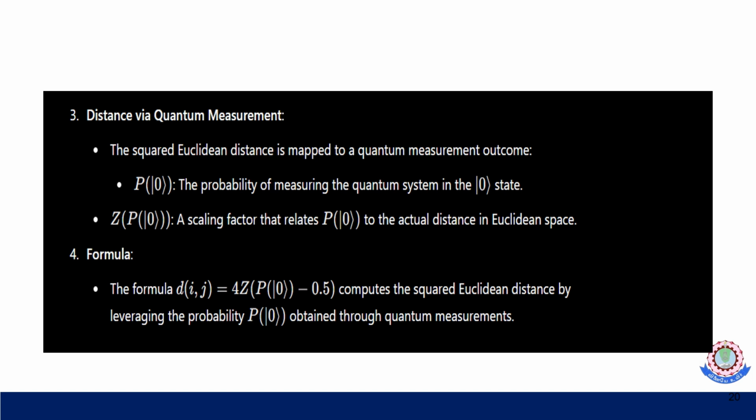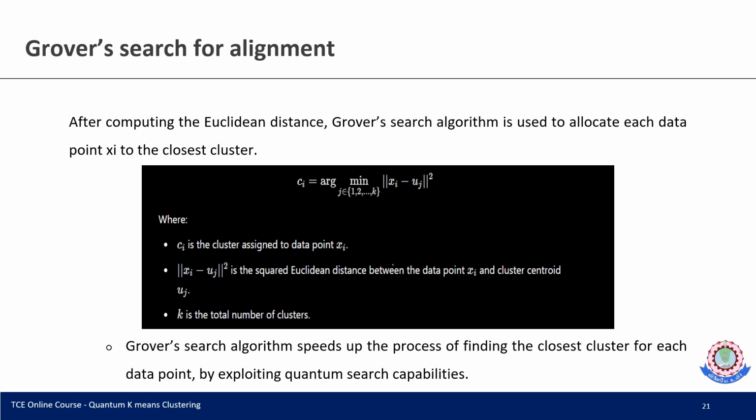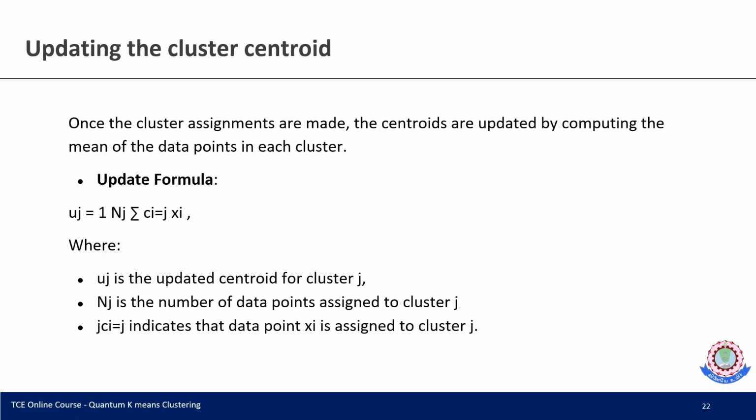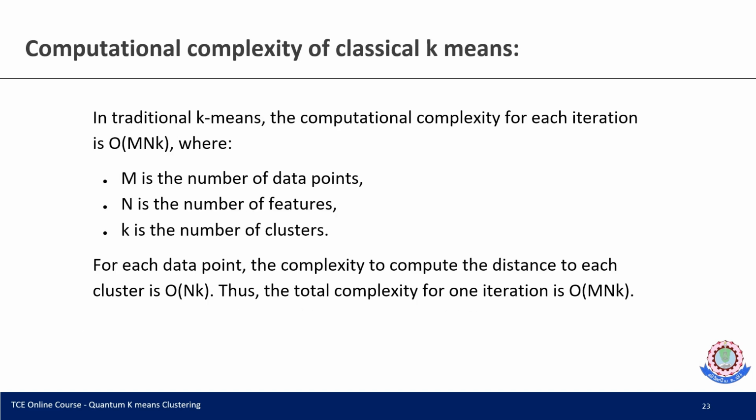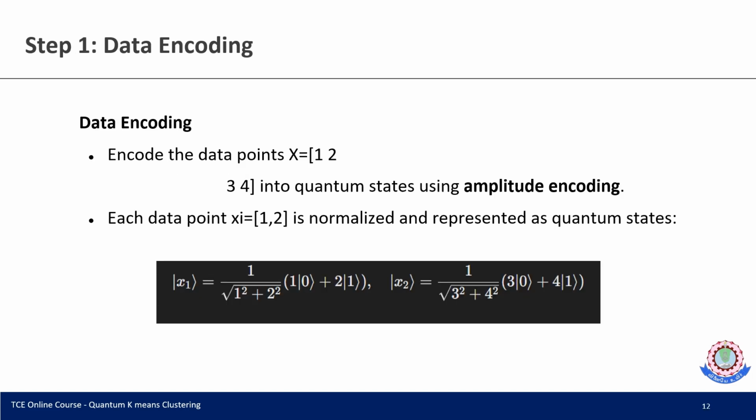Squared Euclidean distance is mapped to the quantum measurement outcome, and we can also go with that. In the case of computational complexity of classical K-means, we can go with the order of M, N and K. M is the number of data points, N is the number of features, and K is the number of clusters.